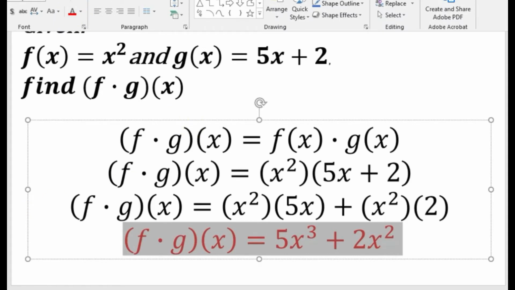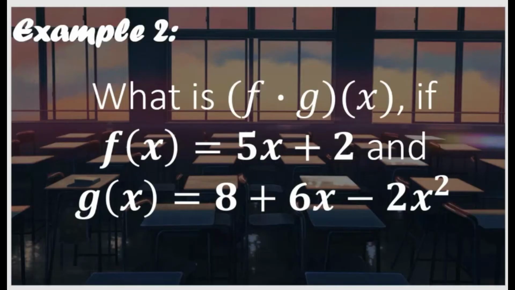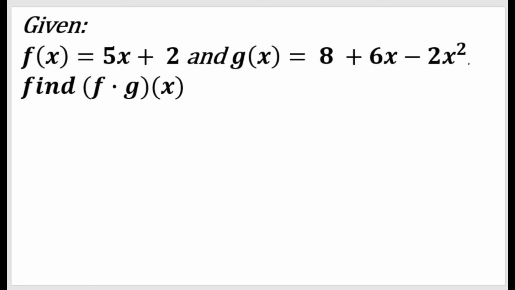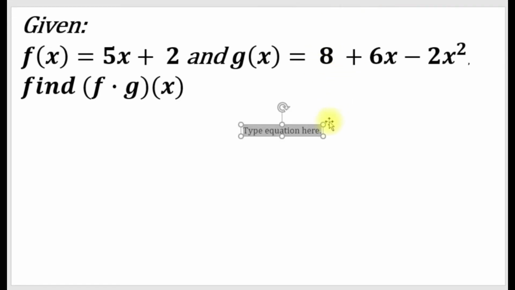Okay, now let's try to have the second example. Our second example is, what is f dot g of x if f of x is equal to 5x plus 2 and g of x is equal to 8 plus 6x minus 2x squared. Okay, so once again, we're going to do it step by step.